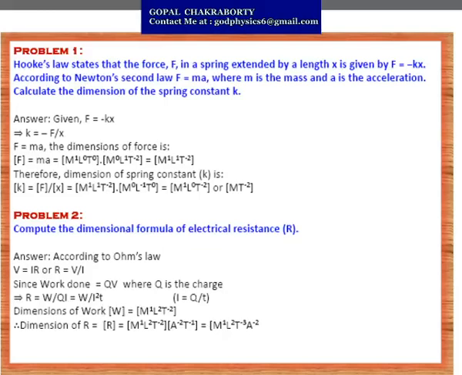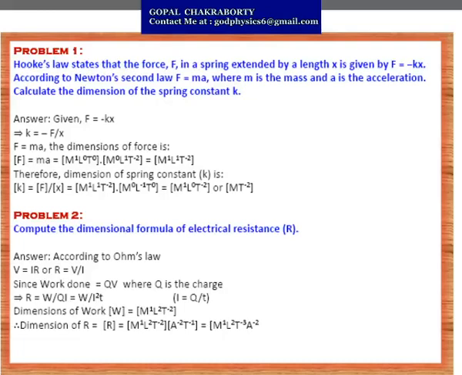Ohm's law says that V equals IR, where R equals V by I. Since work done equals Q into V, where Q is the charge and V is the potential difference, R equals W by Q into I. That equals W by I square T, as I equals Q by T.